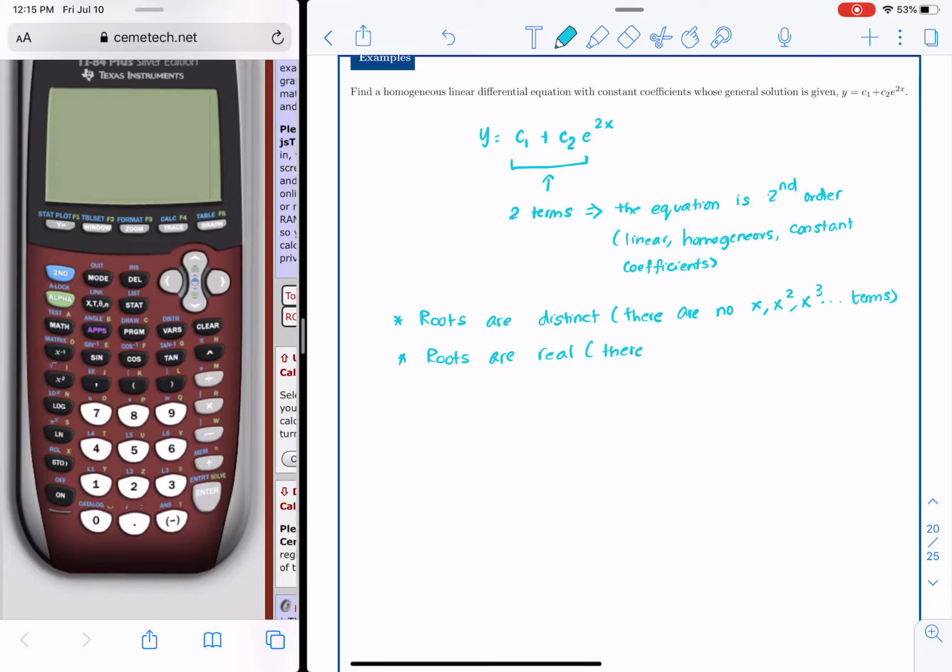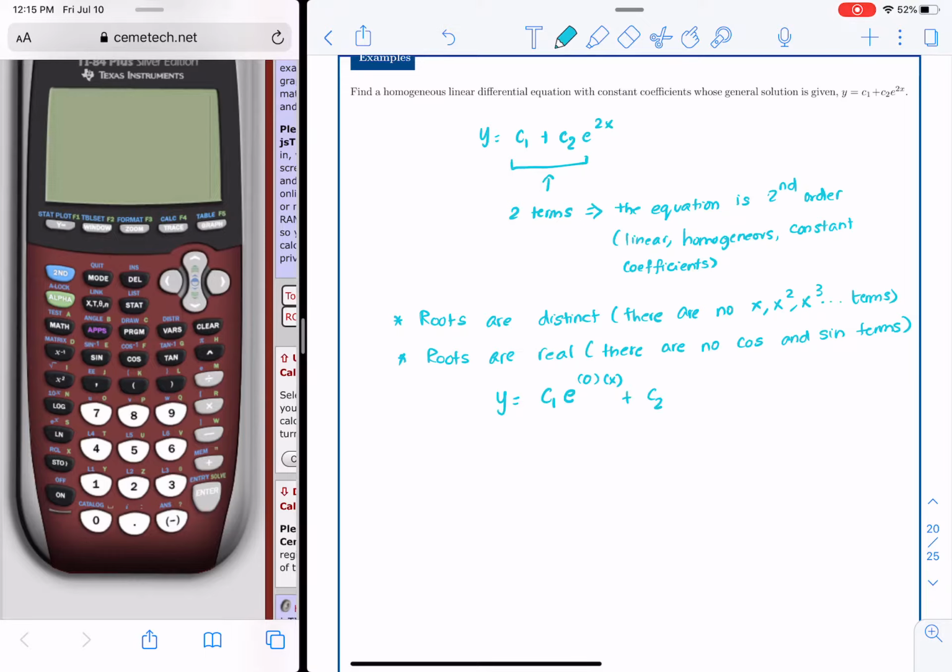Why? There are no cosine and sine terms. So what are the roots? We're going to find the roots first. So y, c1, the first term I could write it as e raised 0 times x, because e raised 0 is simply 1.